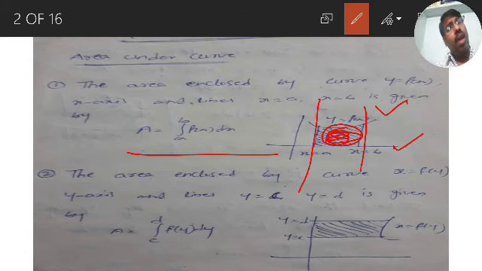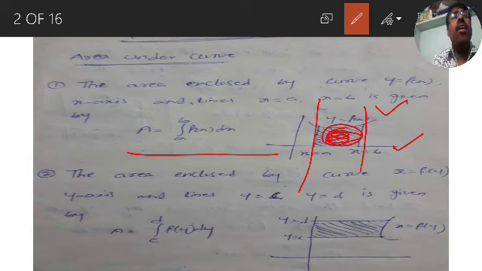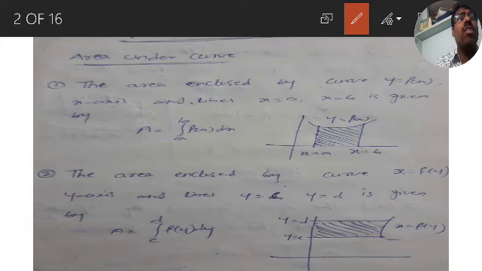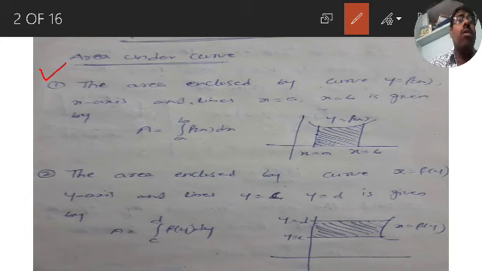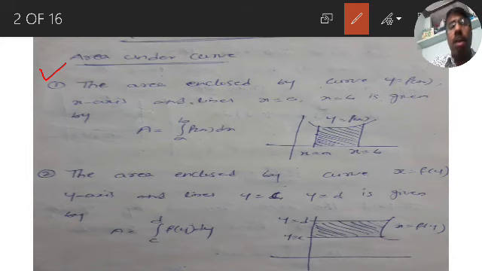Area first letter A, that's why we denote area by capital A. So, the area enclosed by the curve, x-axis and lines x is equal to a and x is equal to b is given by A is equal to integration a to b f of x dx. This is my first formula.